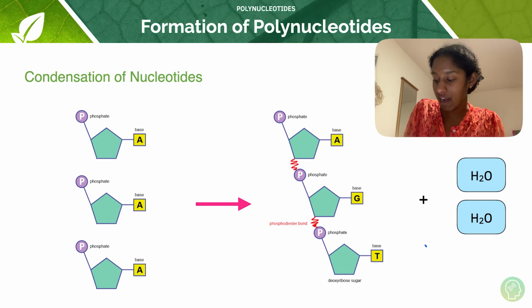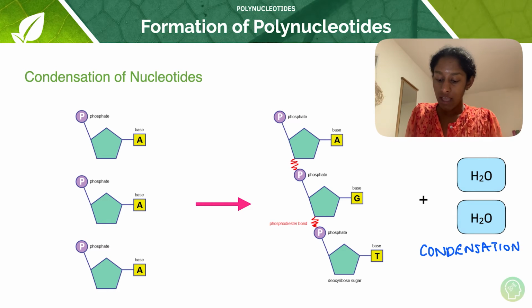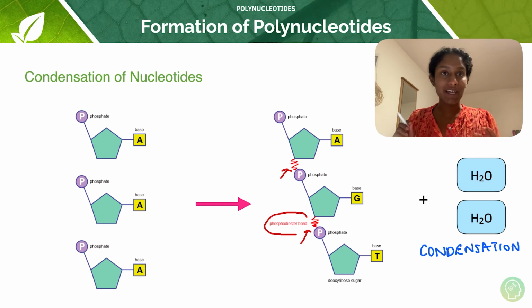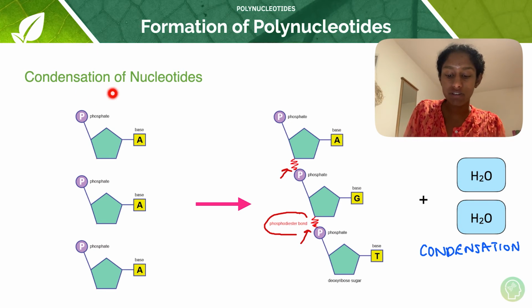Remember, the name of this reaction is a condensation reaction. And these bonds are called phosphodiester bonds, which is written here. So these phosphodiester bonds are connecting the phosphate of one nucleotide to the sugar of the next nucleotide. Okay, so the key things to take away from what we've learned so far is that we're forming our polynucleotides in a condensation reaction.